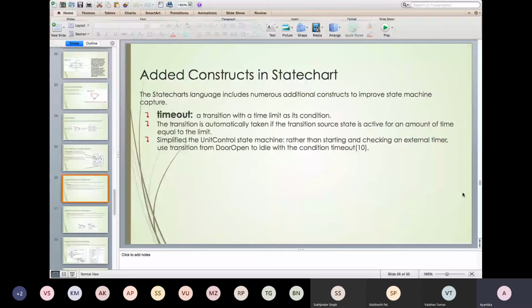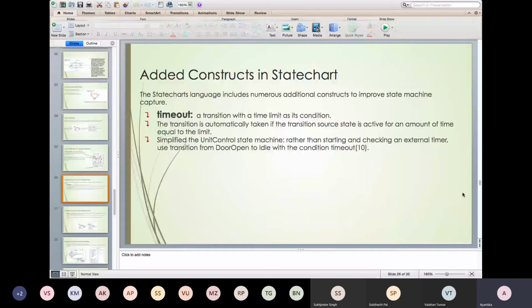Now these are a few terms that I want to mention. Last year I also mentioned that these hierarchy and concurrency extensions were first mentioned in the statechart. And in that statechart, there are some other added constructs. When you use that statechart software or when you do your modeling, you may actually use them. Like one is timeout. The timeout is very similar to delay.